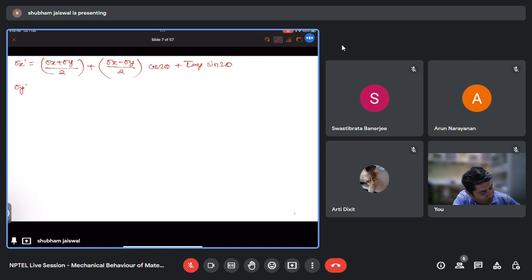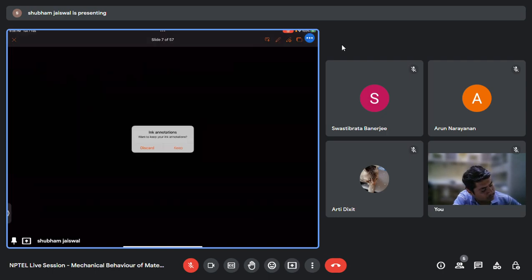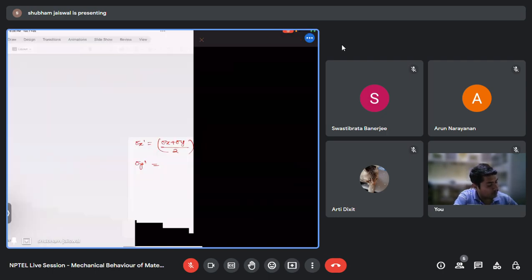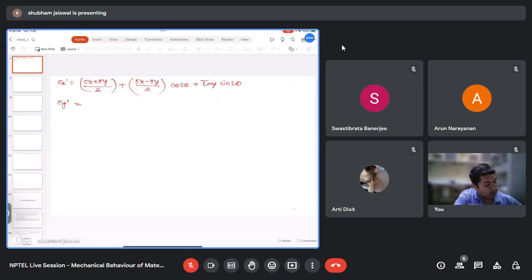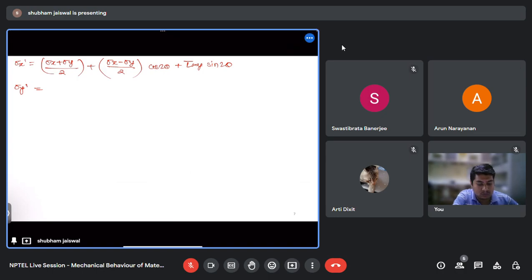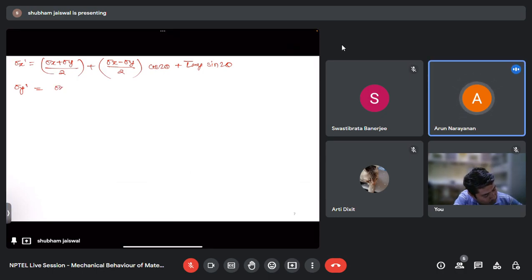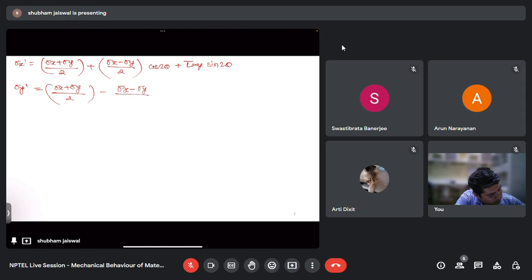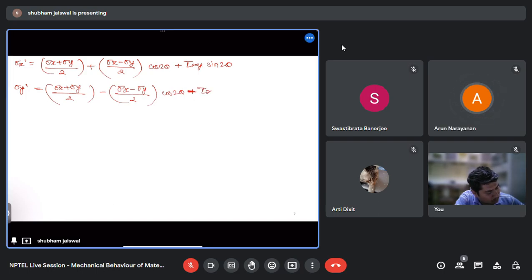Then for sigma y prime, what was the equation? Anyone? Sigma y prime is (sigma x plus sigma y) by 2 minus (sigma x minus sigma y) by 2 cos 2 theta minus tau xy sin 2 theta.